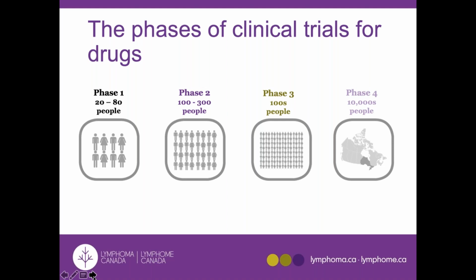For example, if it's a really rare disease where there aren't a lot of people who might be able to participate in a trial, it might look really different from this as well. So these are the basics for you, but it might be really different based on a number of different factors related to the disease that's under study or the condition that the intervention aims at. But let's walk through these so you can learn a bit more about each one of them.